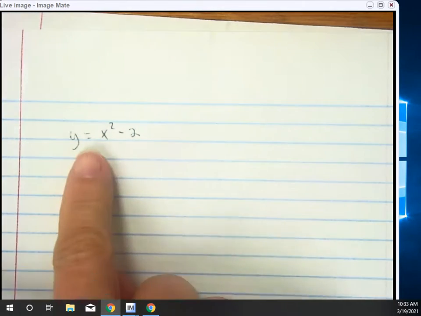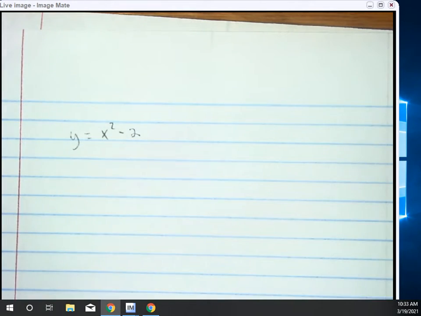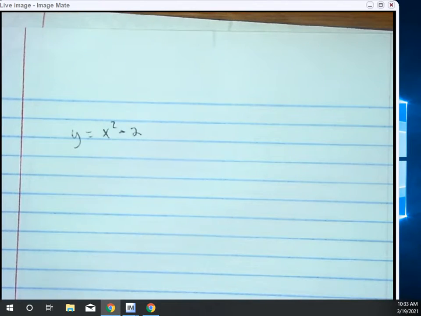I know that I have a positive a value, so I know that this parabola is going to point up. What do you think this minus 2 does to the parent function? Transformations from geometry. What does the negative 2 do to anything? It makes it lower by 2.